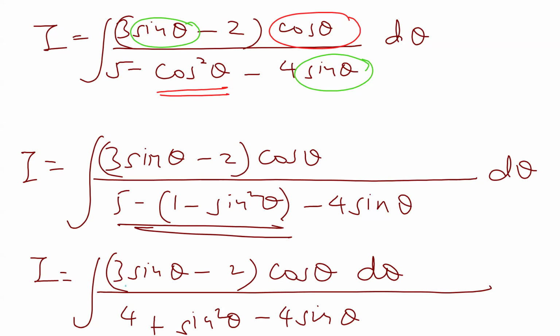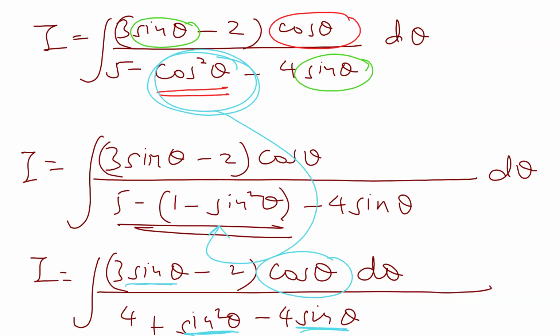Now again I am observing the derivative of sine theta is cos, and that cos is present. So step number 1 was to eliminate this cos square and make it 1 minus sine square. Now we are having only sine and cos terms. Cos term is single over here. So derivative of all these sine terms is cos. So again, I'm going to rearrange this to make it more specific.